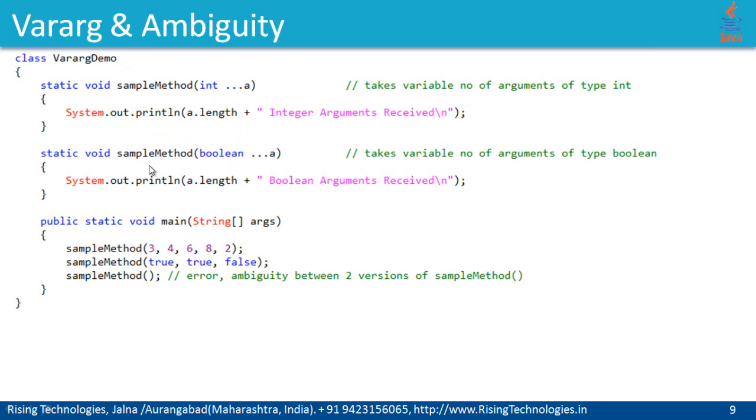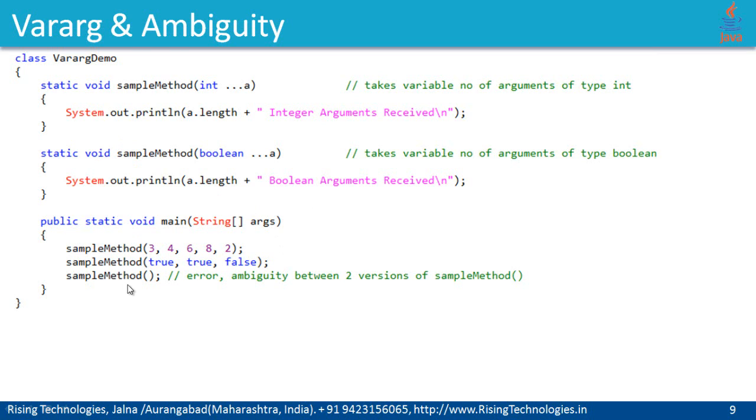Similarly, I can invoke the other method by passing no argument at all or any number of boolean arguments. So when I call this sample method and pass a few integers, the compiler is going to invoke this version of sample method, and it is going to say 5 integer arguments received. In my second call to the sample method, I have passed 3 booleans, so the compiler is going to link this function call with this method.